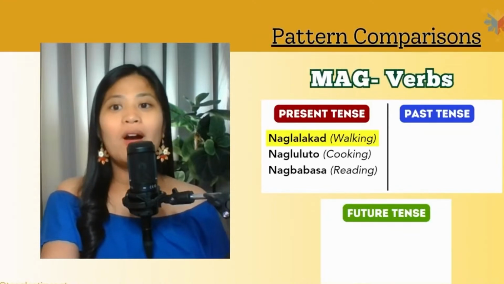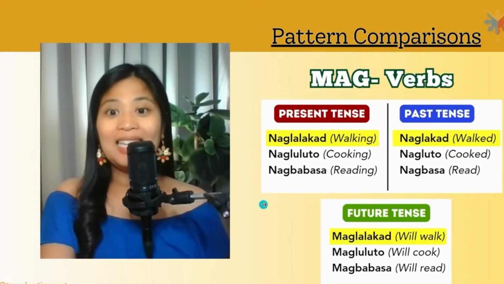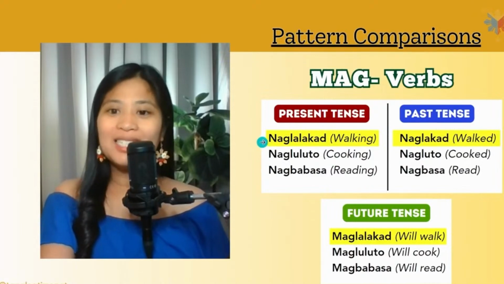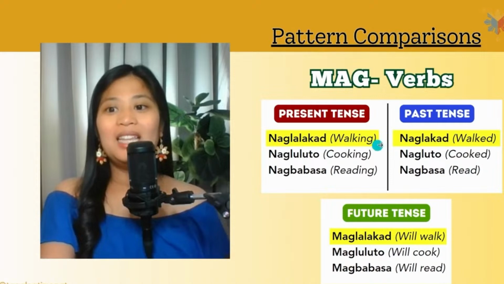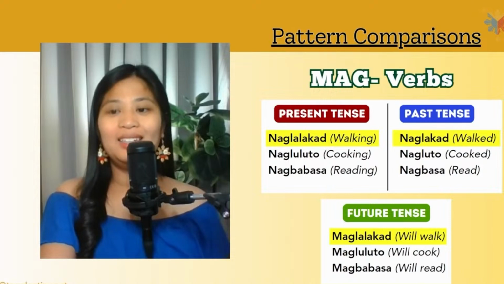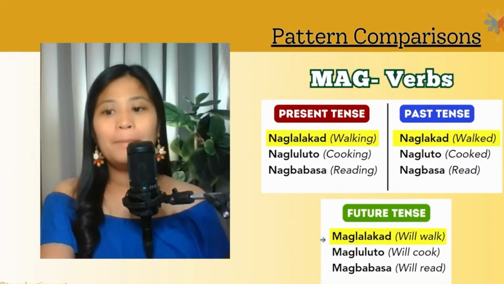So let's compare all of these tenses together. And let's just take a look at the highlighted ones. So in the present tense, to walk, it is naglalakad. That means walking. In the past tense, to walk is naglakad, walked. In the future tense, it's maglalakad.